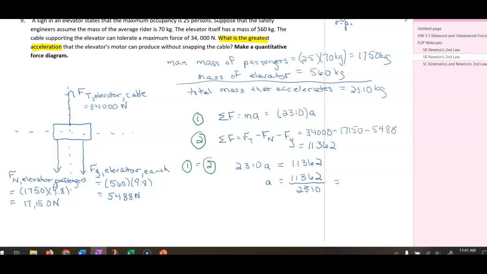And I'm going to divide that by the 2310 kilograms, which is the total mass of the elevator plus the passengers, right? Because they're both accelerating. And then I get that the acceleration, the maximum acceleration, is 4.919 meters per second squared.